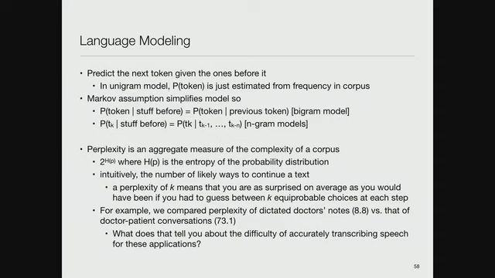Whereas conversations are much more free-flowing and cover many more topics. And so its perplexity is about 73. And so the model that works well for perplexity 9 doesn't work as well for perplexity 73. And so what this tells you about the difficulty of accurately transcribing speech is that it's much harder. And that's still not a solved problem.